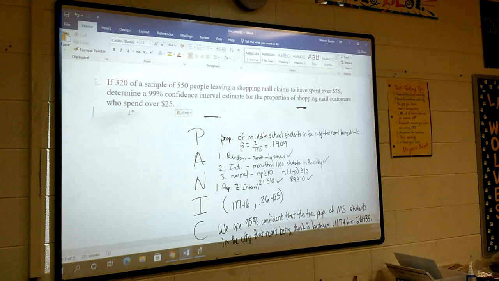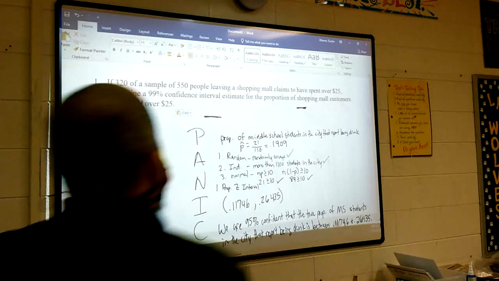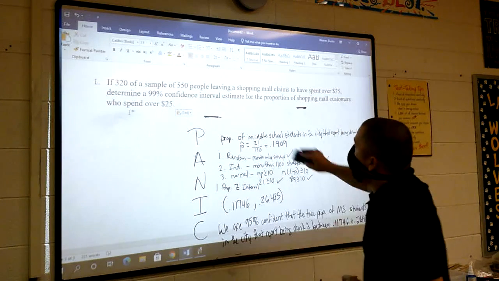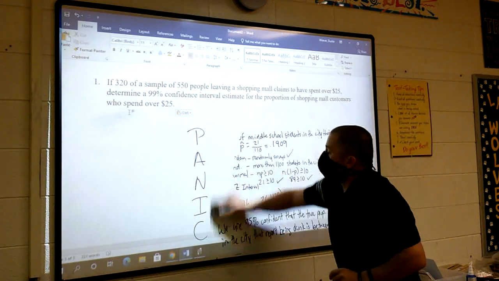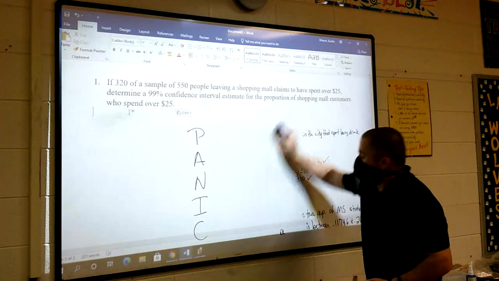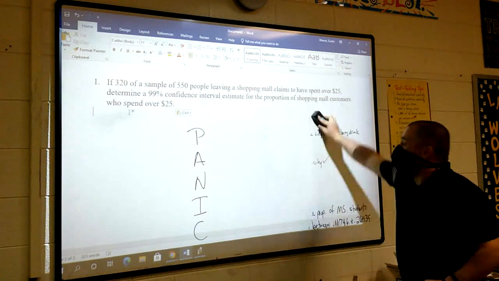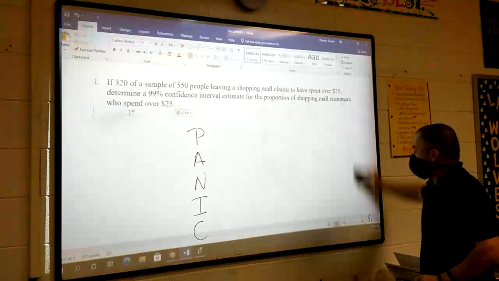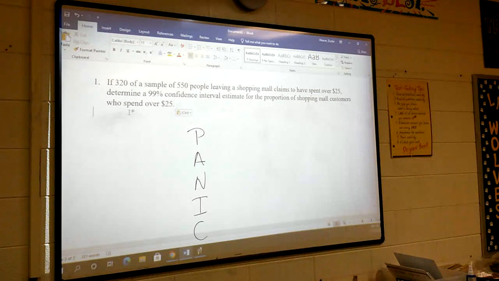If 320 of a sample of 550 people leaving a shopping mall claim to have spent over $25, determine a 99%, so be very careful when you're putting this in the calculator. You're going to change your confidence level for the first time today. A 99% confidence interval for the proportion of shopping mall customers who spend over $25.